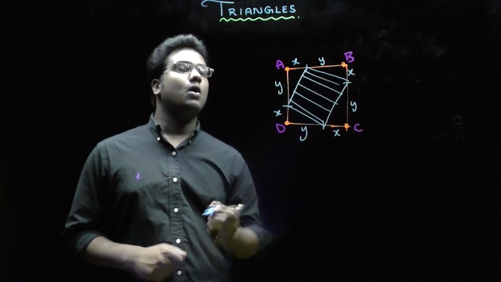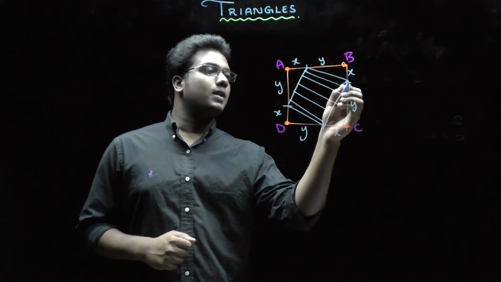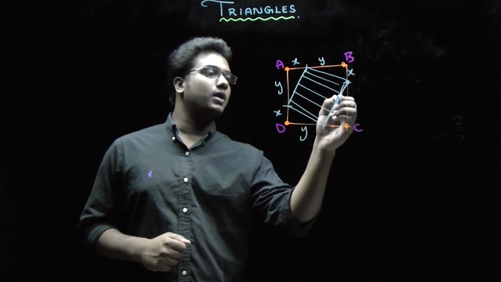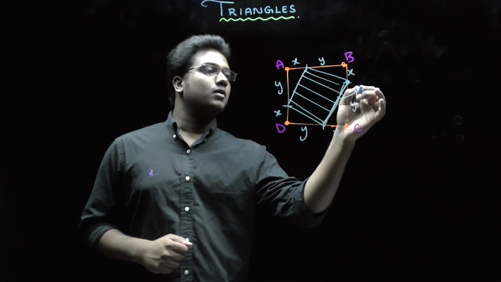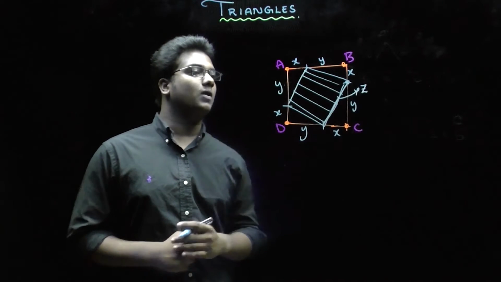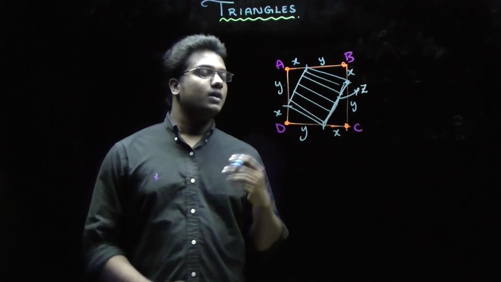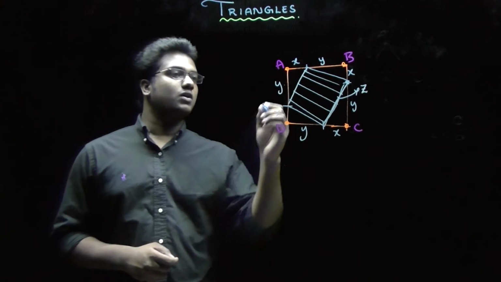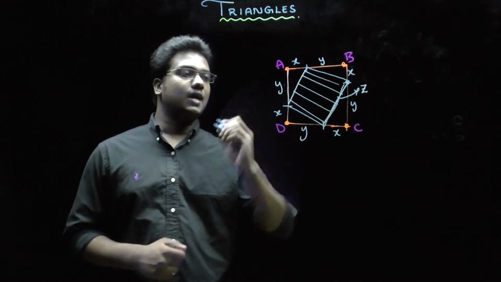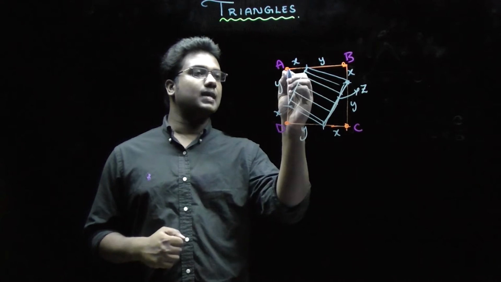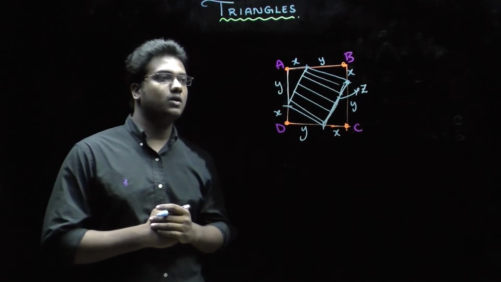Okay. Now let us label the side of the square, suppose Z. Okay. So here if we observe, this side length is Y, this side length is X. Okay.